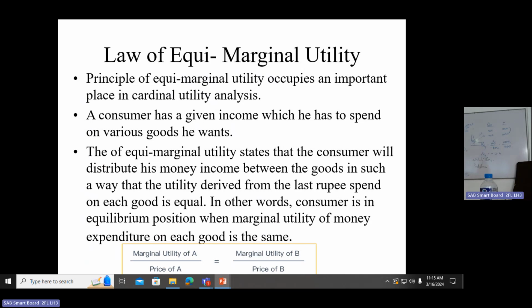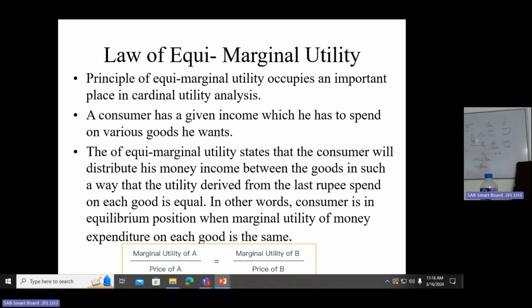Marginal utility of product A divided by the price of A should be equal to the marginal utility of B divided by the price of B. That is the equilibrium.